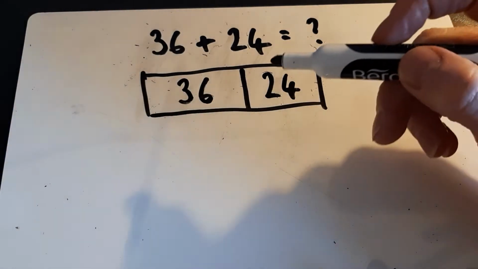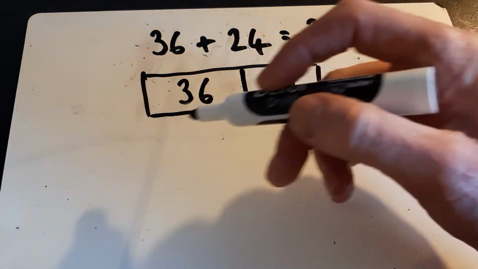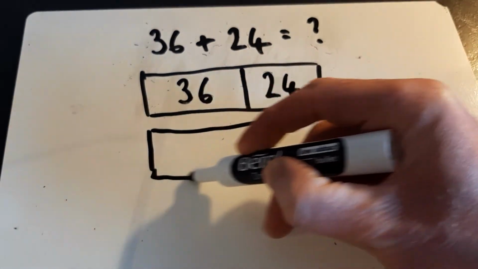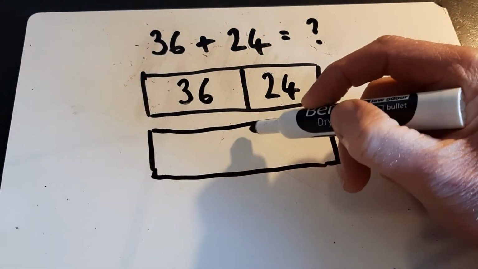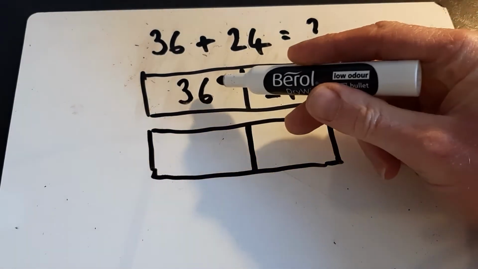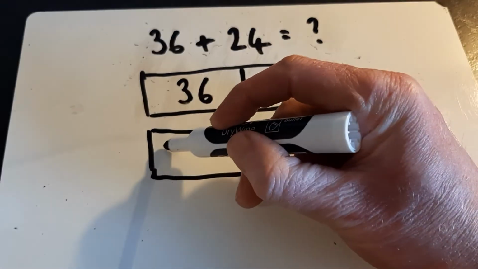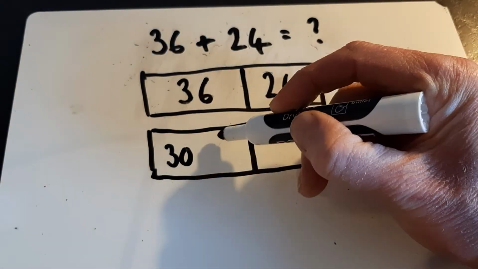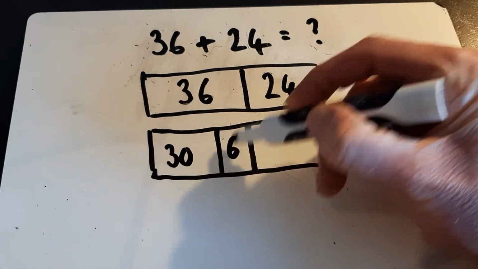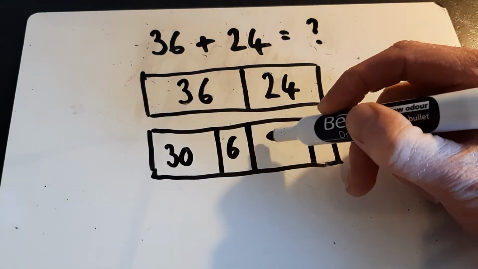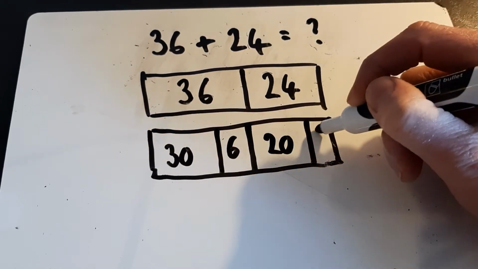If you're going to use a bar, there is one technique you can use with 36 and 24. So instead of writing 36 in this way, we could then split our tens and units into 30 and a 6, and 24 we could split into 20 and a 4.